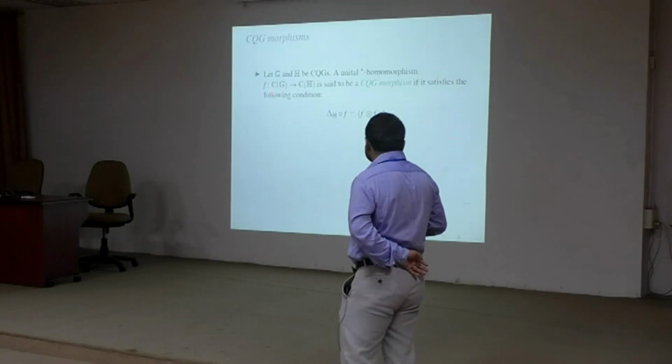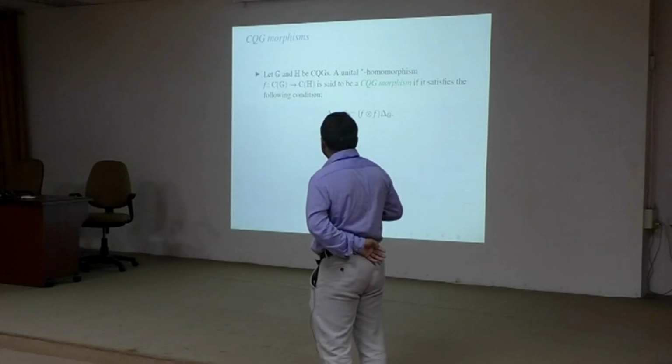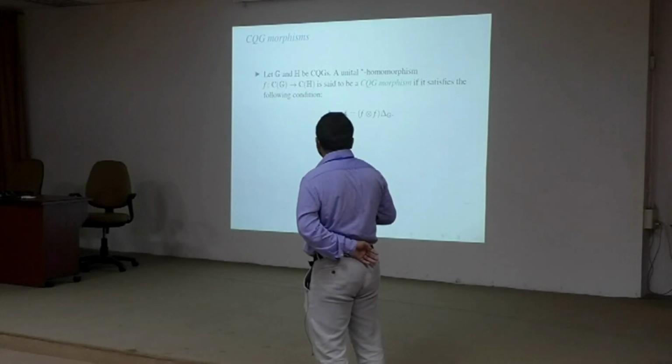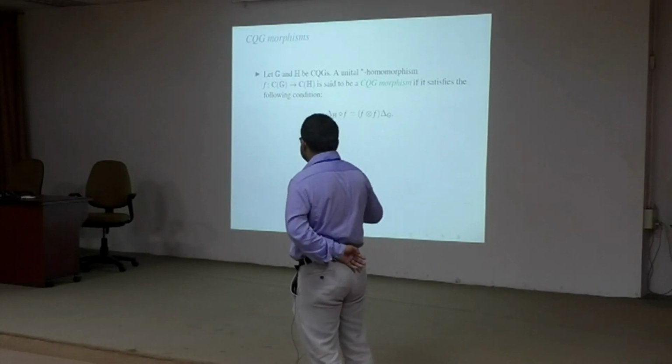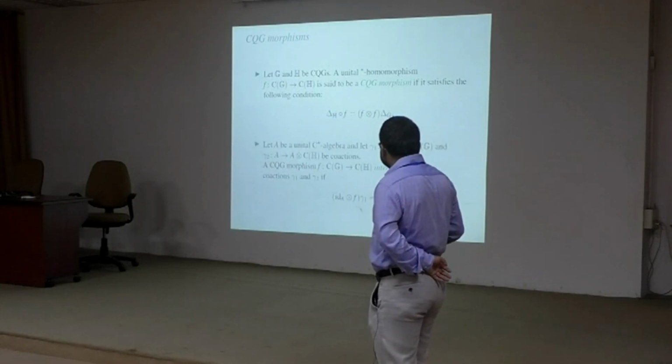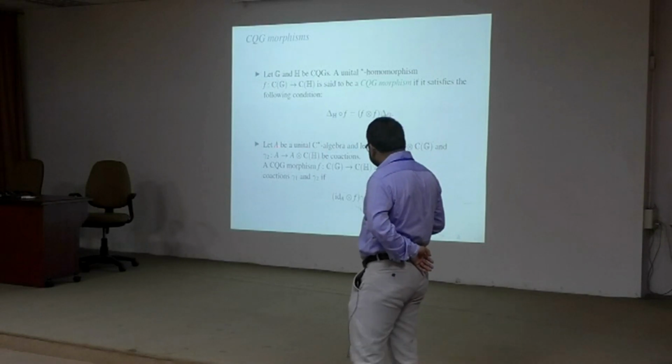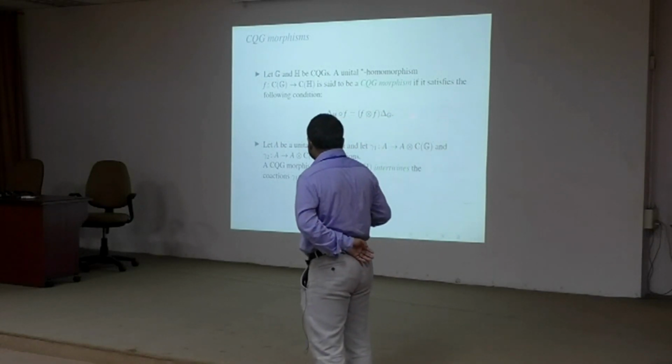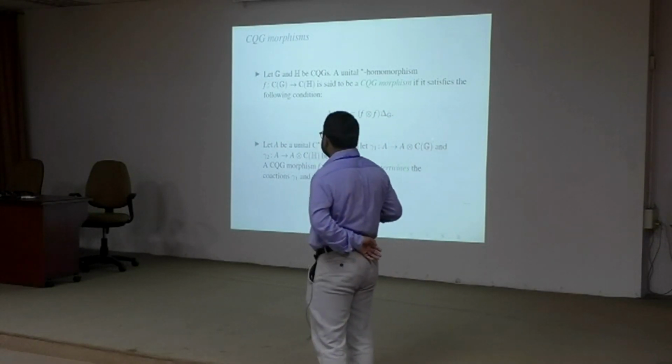And a CQG morphism means you have a Hopf-star morphism, meaning you have an algebra homomorphism which is compatible with respect to the co-multiplication maps, which intertwines the co-multiplication map. And secondly, let's say you have a C-star algebra and you have actions of two compact quantum groups on it.